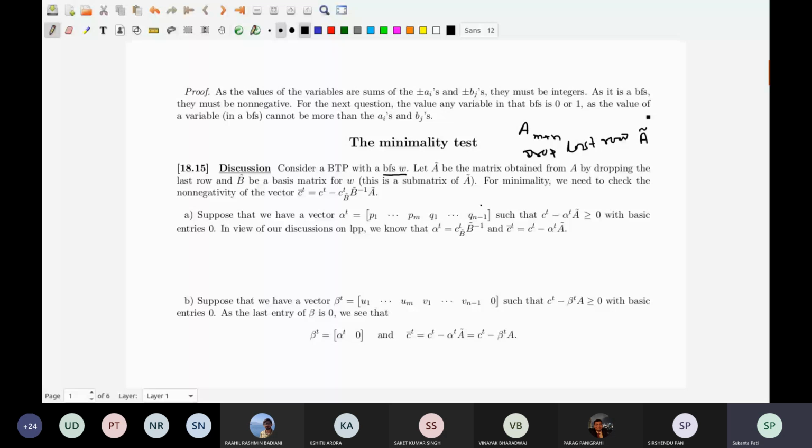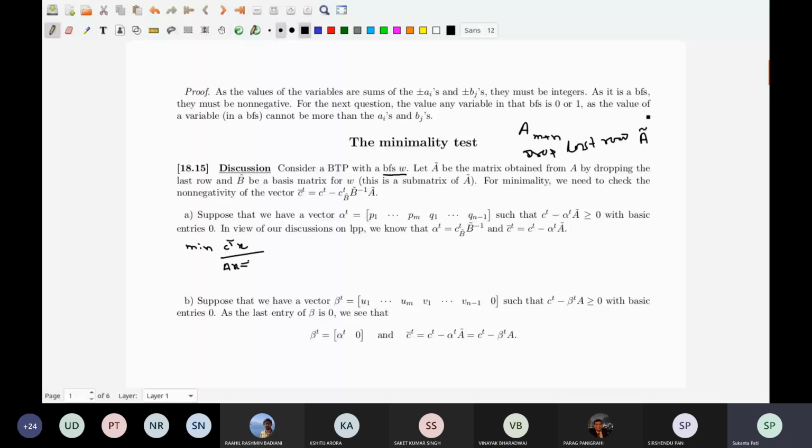Imagine, try to recall our old days, the LPP days. What we used to do: if I have a problem of SLPP, minimize C transpose X subject to AX equal to B. Here the matrix was m by n, and the rank was full rank.